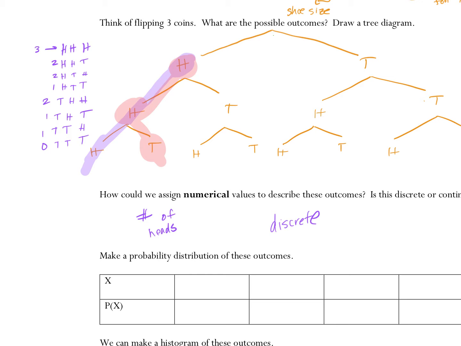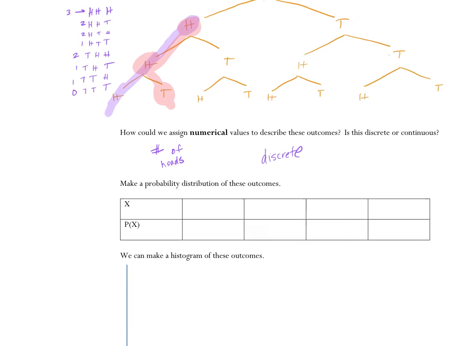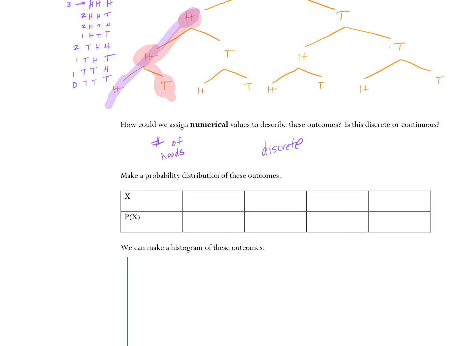How are we feeling so far? All right. So now our random variable X is going to equal that number of heads, and what are our possible outcomes? Well, we either got 0, 1, 2, or 3.